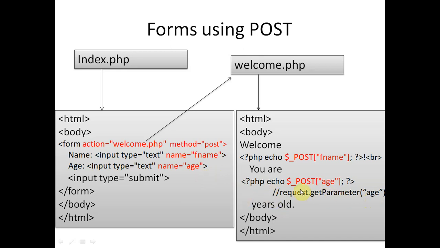In the same way we are using the $_POST function here, like this request.getParameter. The exact same statement is not used in PHP, but the output of request.getParameter is the same as the output of this $_POST function.